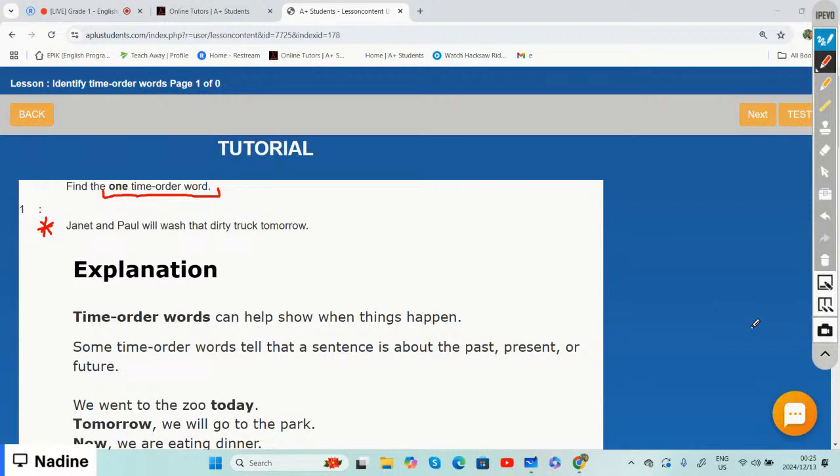And if we were to identify one time order word within the sentence, we can say tomorrow because it will tell us when they are going to wash the truck. So tomorrow gives us an idea of when they'll wash it.